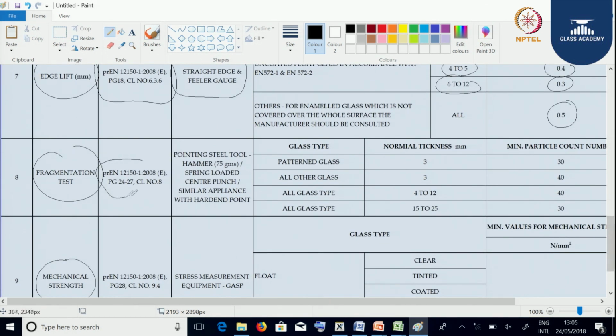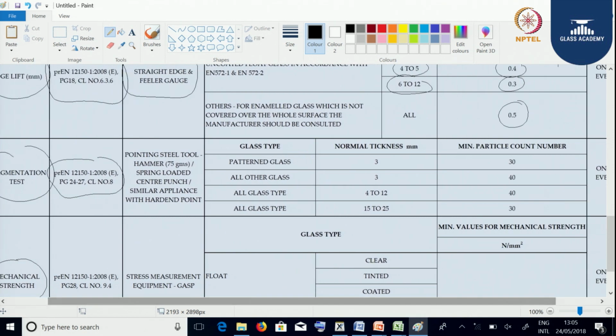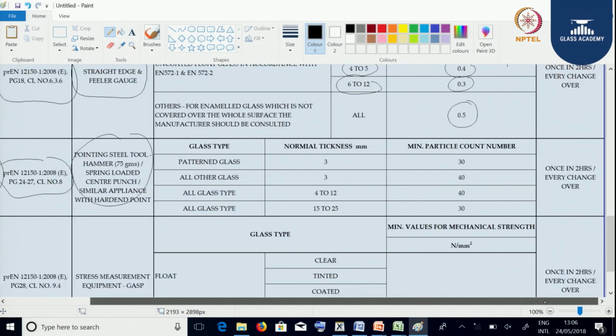The standard we follow is EN12150, and the tools we require are a hammer weighing 75 grams, or a spring loaded center punch, or a similar tool that has a hardened point. And we need to see the type of glass. It is a float glass, and we need to see the thickness, whether it is 3 mm, 4 mm, 12 mm, or 15 to 25 mm.